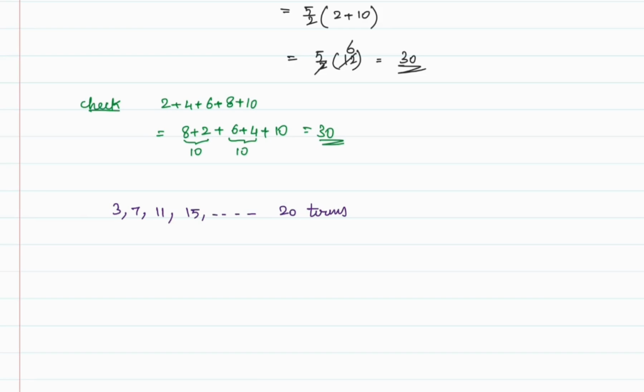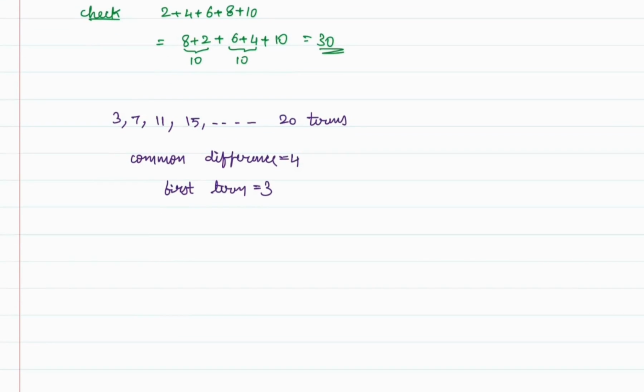So here we can see that the common difference equal to 4 and the first term equal to 3. So to get this, we can apply the formula S20 equal to n by 2 into 2a1 plus n minus 1 into d. Since we don't know the last term, we cannot apply the second formula, in which we need to know the first term and the last term to get the sum.